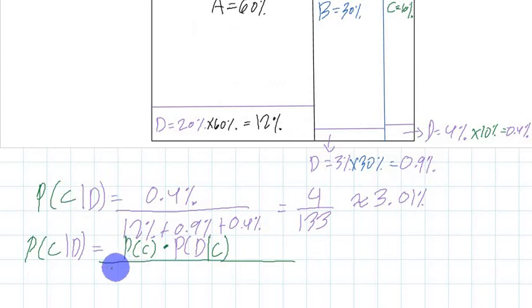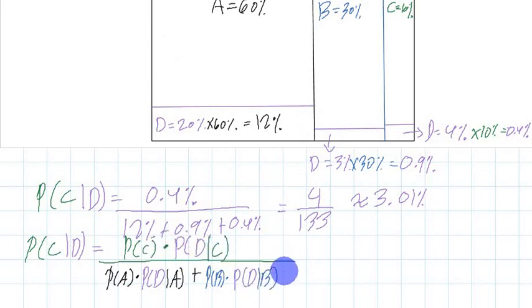The probability of A multiplied by the probability that it's defective given it's from A, plus the probability that it's from machine B multiplied by the probability that it's defective given it's from B, plus the probability that it's from machine C multiplied by the probability that it's defective given it's from machine C.